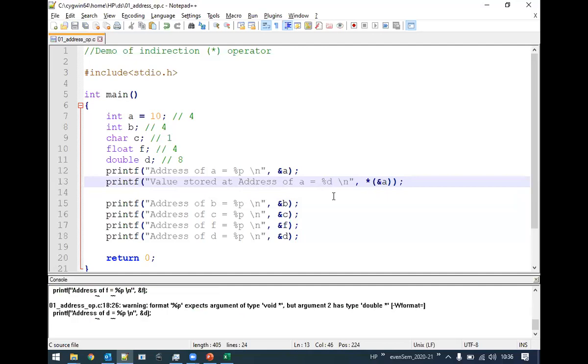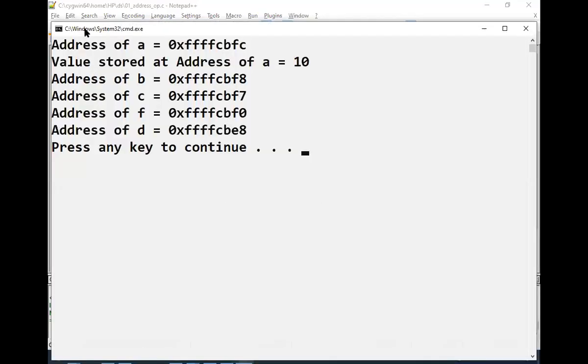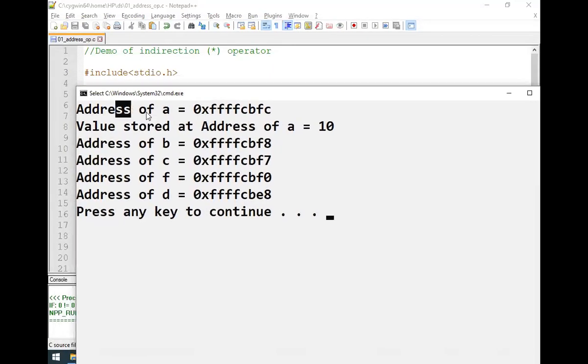If I run the program and execute it, now you can see the output. This is the first printf statement, that is address of A. And then you can see the value stored at address of A is 10. How did this 10 get retrieved? It got retrieved by looking into this particular address, and at this address there is a 10, so it retrieved it. No worries, I will explain these things again and again because we are going to learn the same concept in this unit.